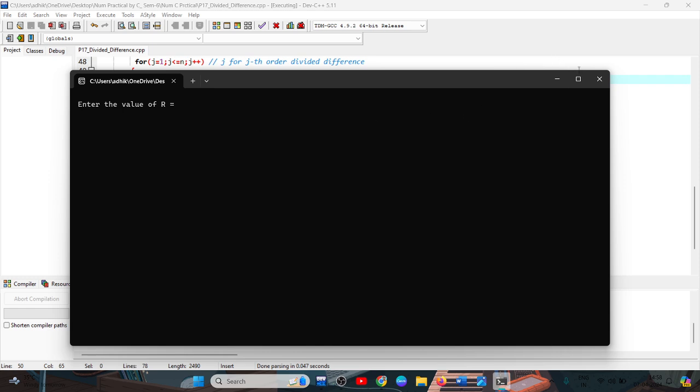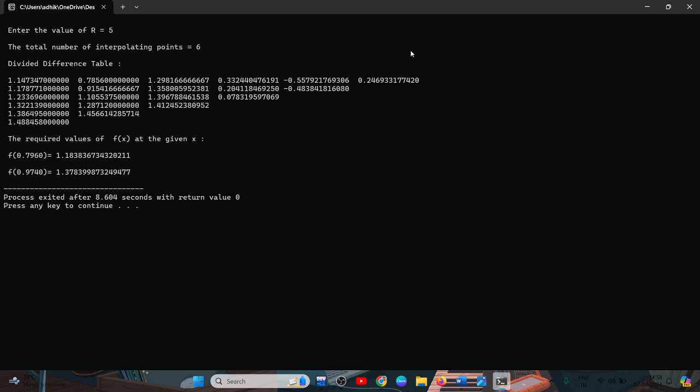Enter the value of r, put here r equal to 5, the last digit of your roll number, and press enter. The total number of interpolating points is 6: x0, x1, x2, x3, x4, x5. The difference table: the first column gives the values of y, that is f(xi), y0, y1, y2, y3, y4, y5.